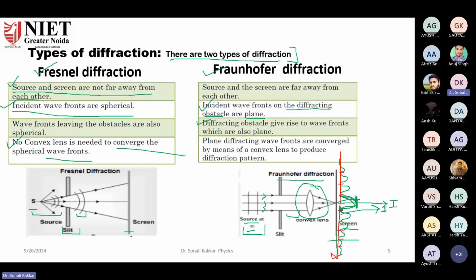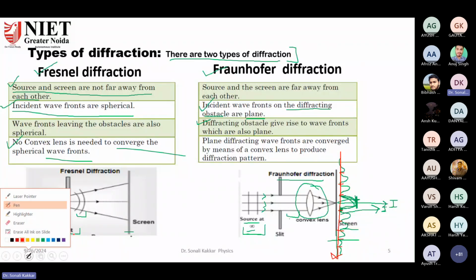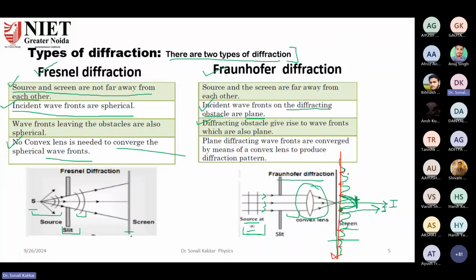And intensity at these points, which I denoted with blue color, is not minimum, but it is less than that of the central one. These are maxima. This is called central maxima or central fringe or principal maxima, and these are secondary maxima or simply maxima.